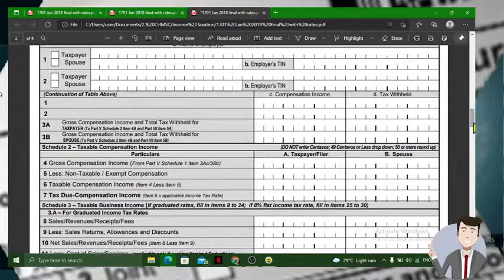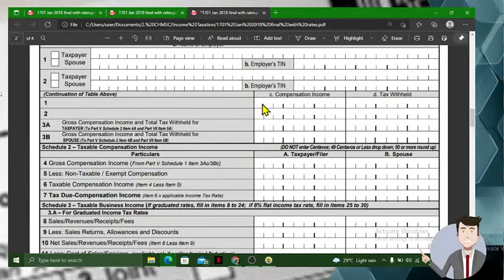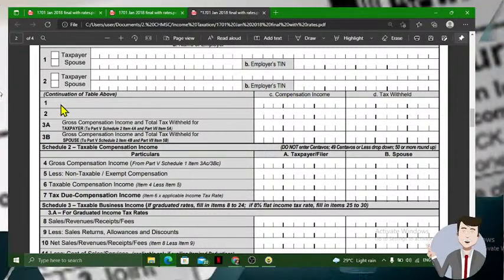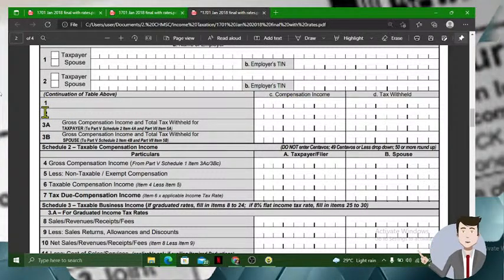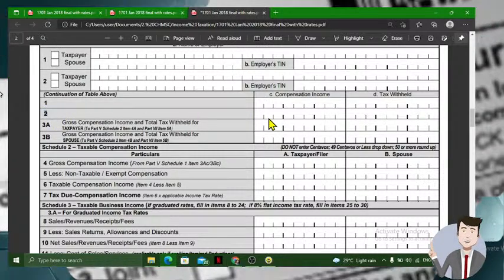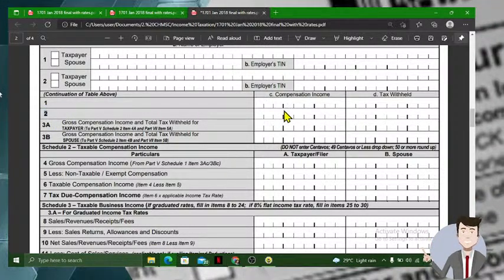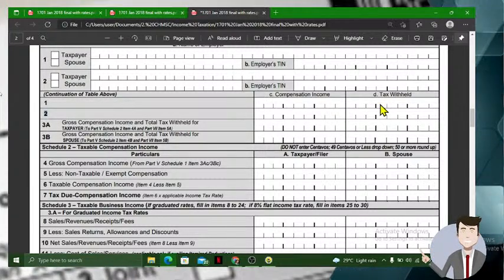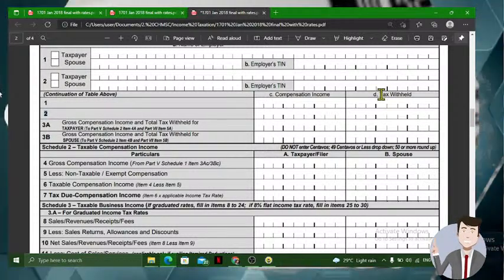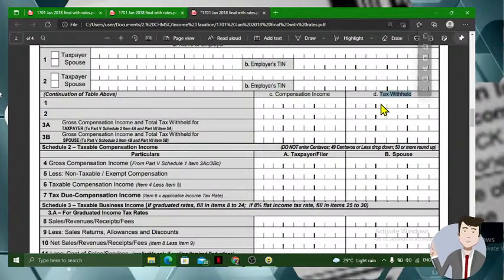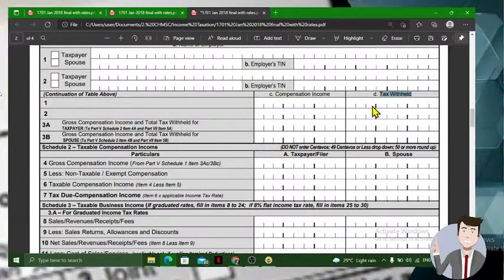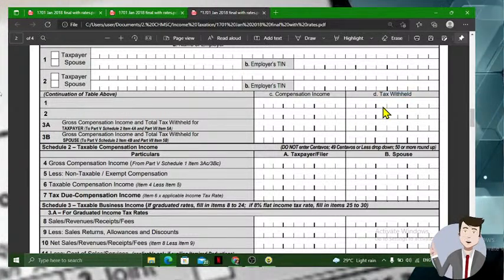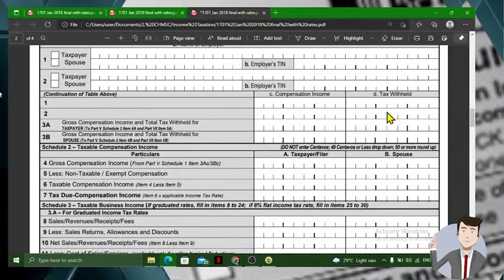Next is the amount of compensation for the taxpayer, that's this one. And number 2 is the compensation income of your spouse if this is a joint filing. Then, next column would be the tax withheld. So your tax withheld should be supported by your BIR Form 2316.